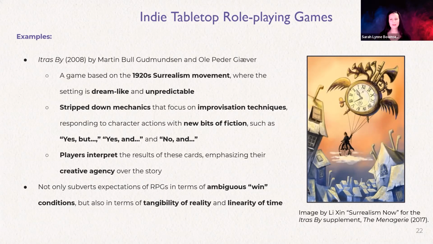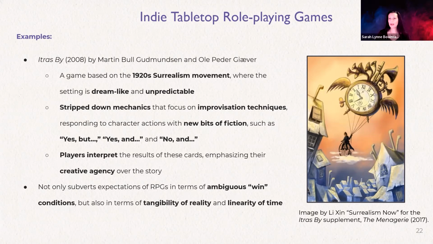So again, we have these stripped down mechanics, but this time we're focusing specifically on improvisation techniques. So in Itras By, there's a set of cards that you draw. And if you decide to take an action, you pull a card, and the card gives you a new bit of fiction. So it's like a yes, but, or a yes, and, or a no, and.